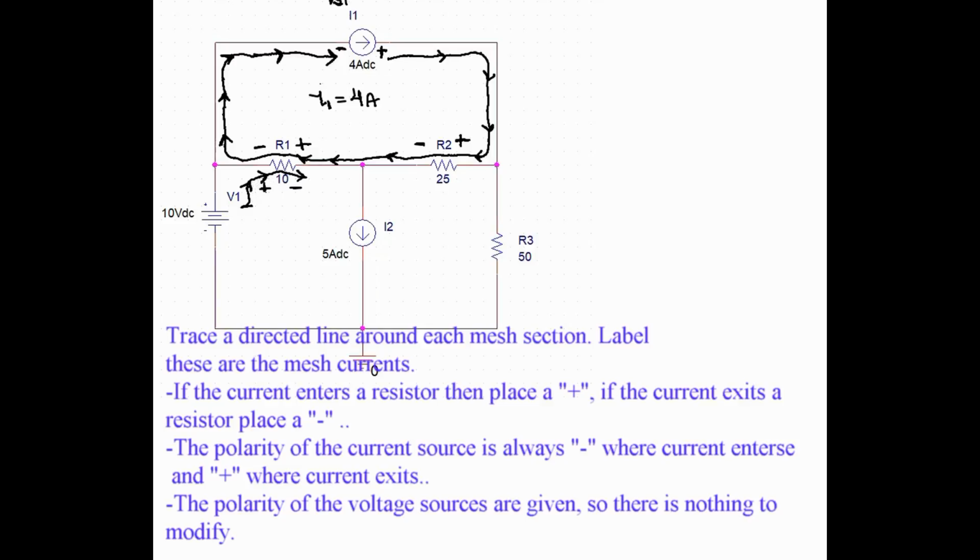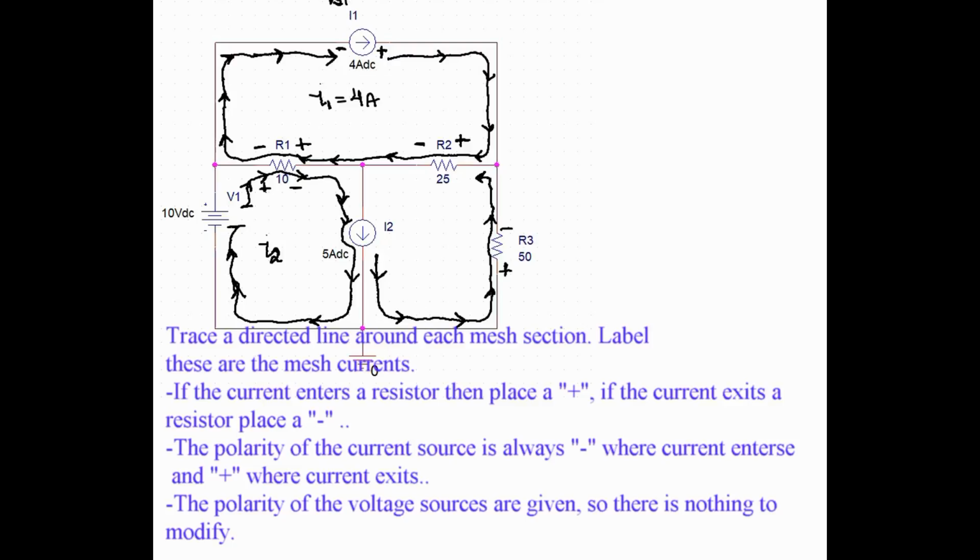I'm putting a plus sign as the mesh current enters R1. Notice again, that's the opposite of the mesh current I1. The polarity is opposite, so it really depends on your frame of reference. So when you're making the simultaneous equations to solve the system, it's really the frame of reference that you're looking at that determines whether you're going to be adding or subtracting currents.